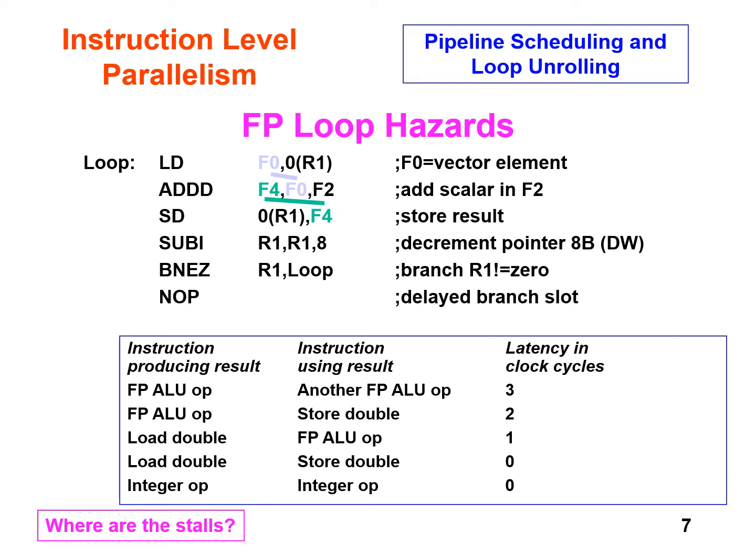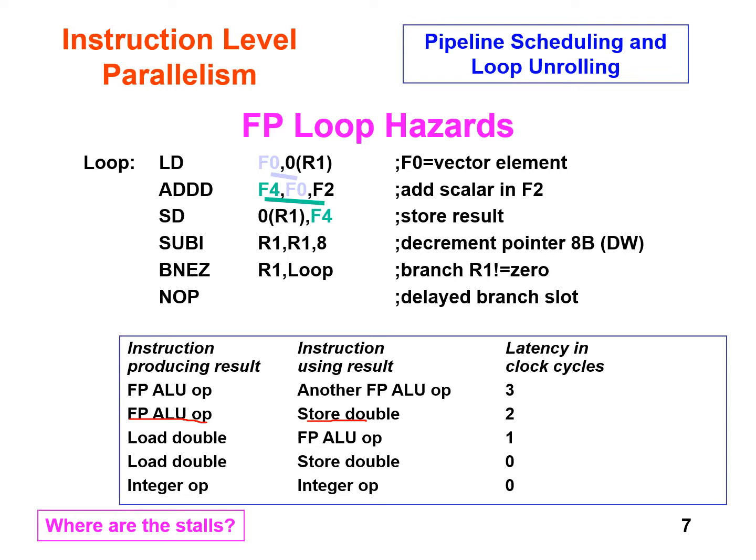The next one: the first instruction is an FP ALU operation and the next instruction is a store double operation, which takes 2 clock cycles to complete.